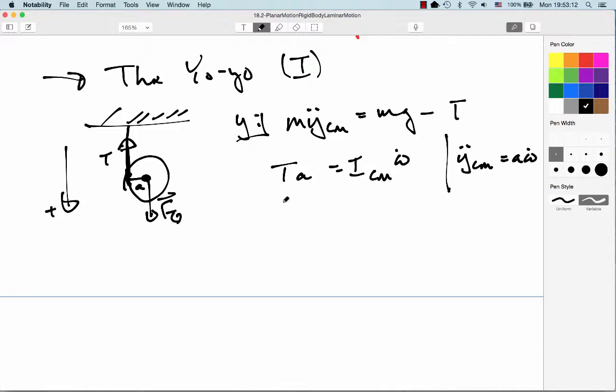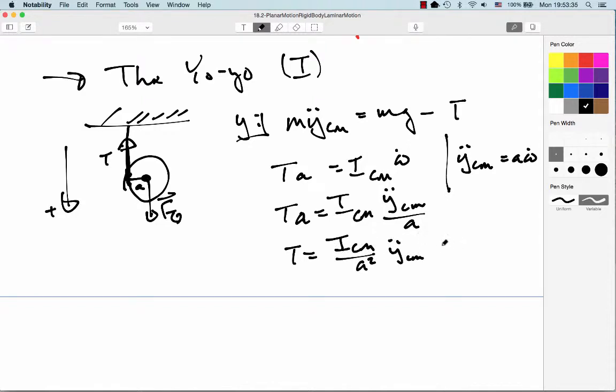So plugging in for that constraint, we can say TA is equal to ICM times YCM double dot over A. So we can write the tension as being ICM over A squared YCM double dot, or bringing back up from the radius of gyration, mk squared over A squared YCM double dot.